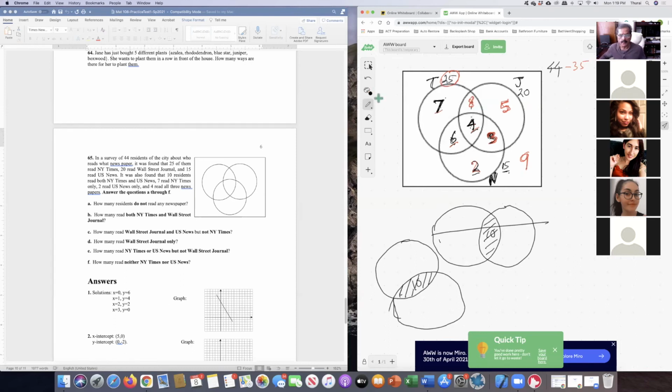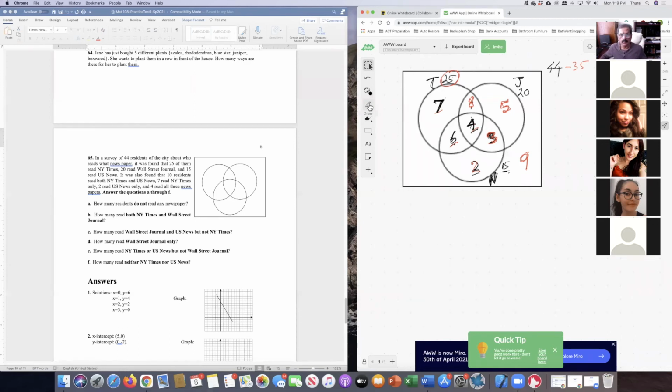Okay, so we have all the numbers now, so we are ready to calculate the answers. Let me clear these here. Now the first question says, how many residents do not read any newspaper? Which number is that? 9.